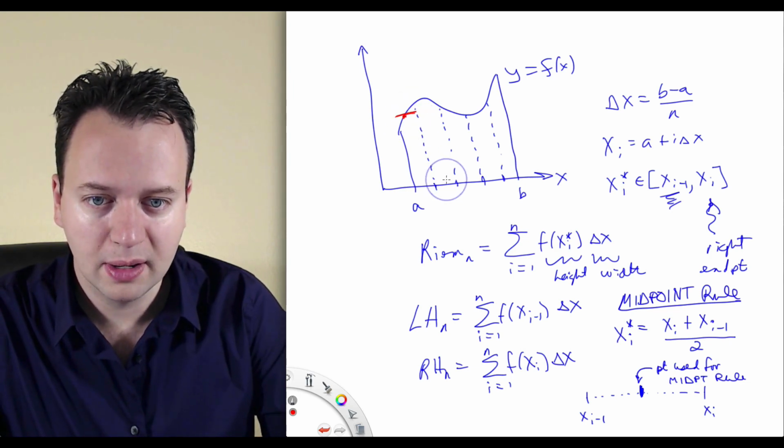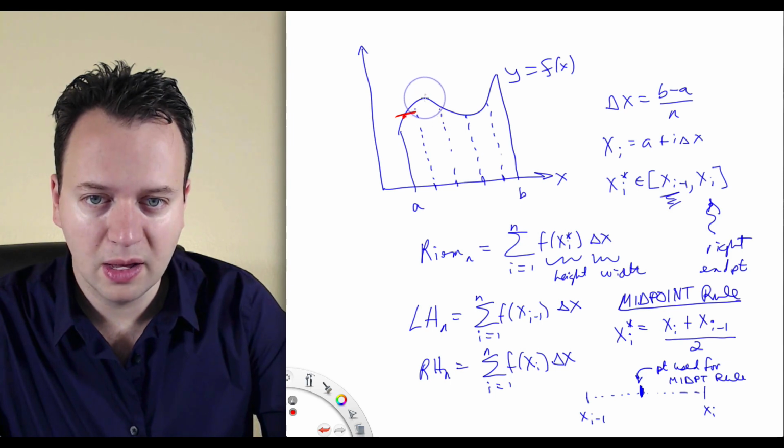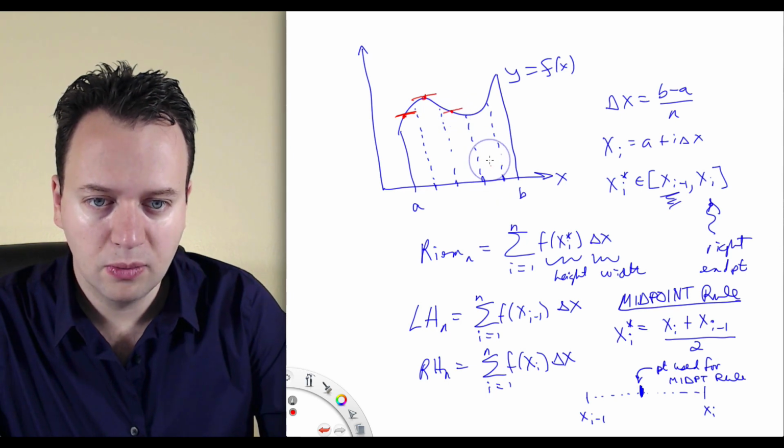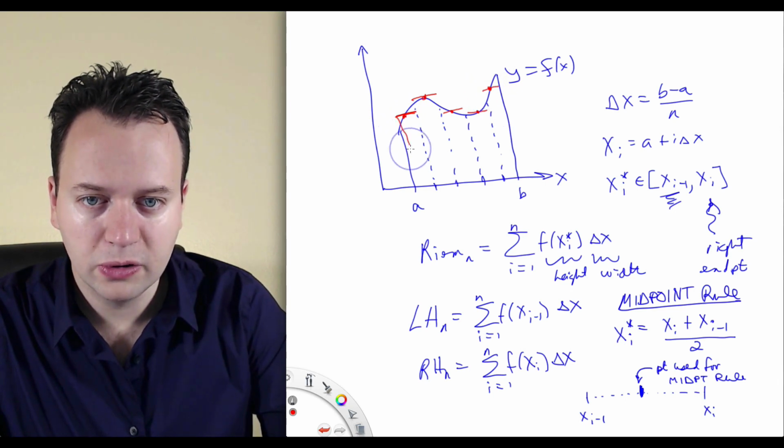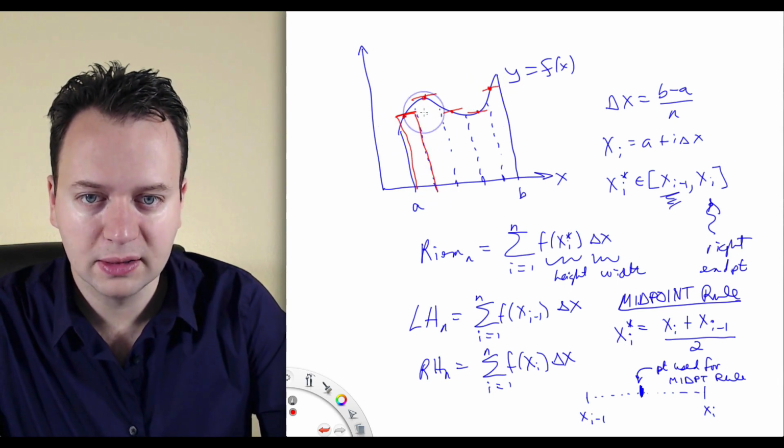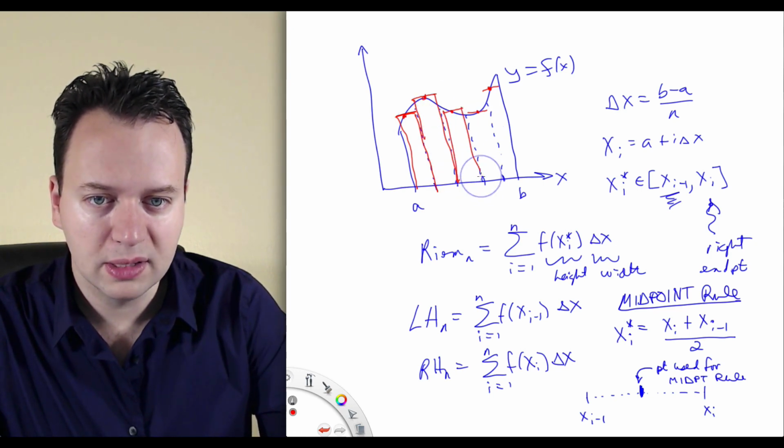The middle point here is going to be up here, so I'm going to use this one for the second one. The middle point on this one is right here. The middle point here is right about here. And then the middle point here is right about there. So I'm going to use the middle values for the heights of the individual rectangles. It's a little bit slanted to the left, but you get the idea.